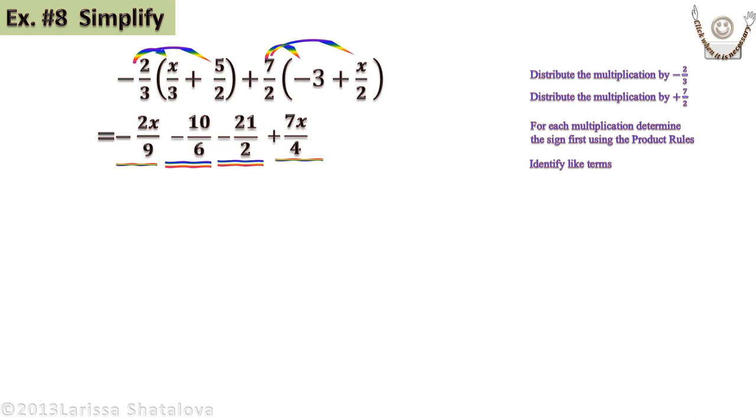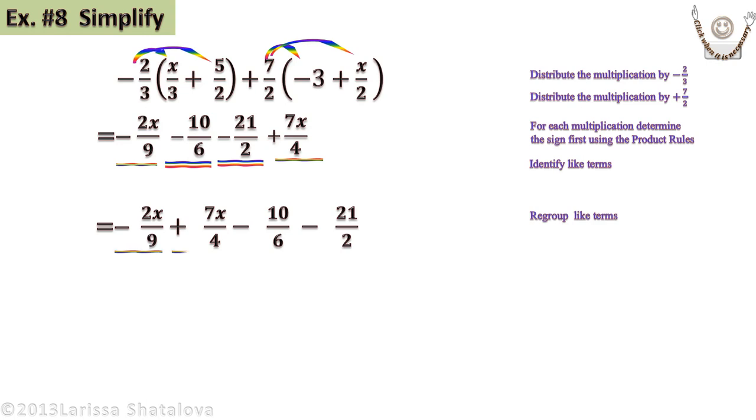And because we have fractions, it's a good idea to regroup like terms to see better what to do. So the first group will have terms with x. It will be negative 2x over 9 and positive 7x over 4. And the second group will be just a group of constant terms, negative 10 over 6 and negative 21 over 2.